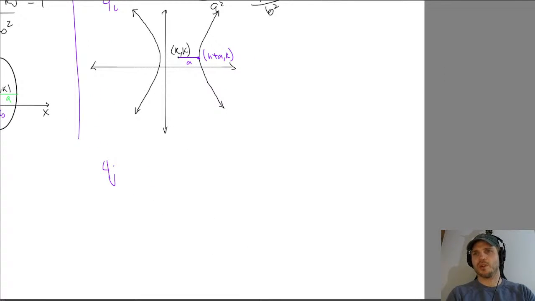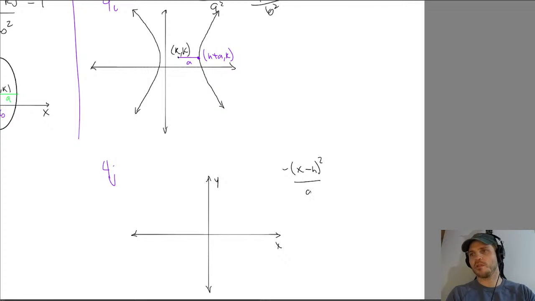With this one, what we're going to do is make the other term negative. So by making the other term negative, it's going to be negative x minus h squared over a squared.